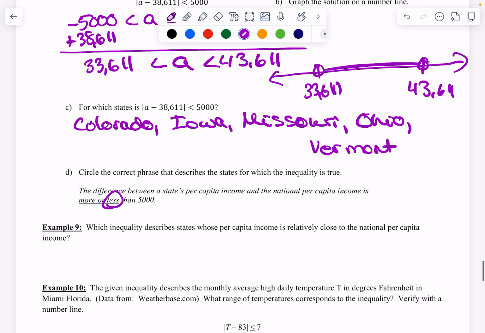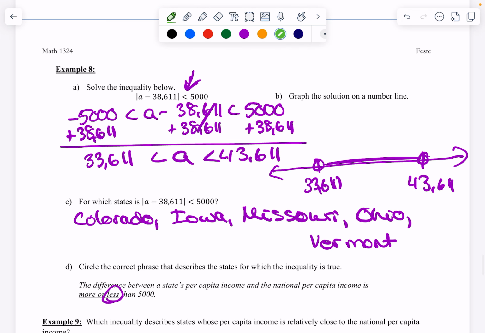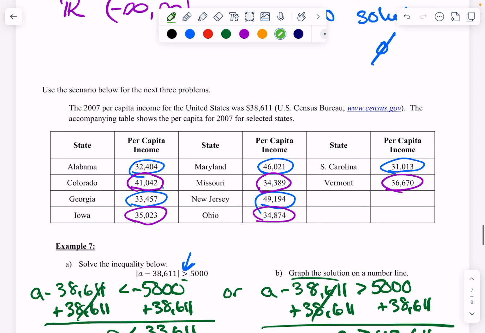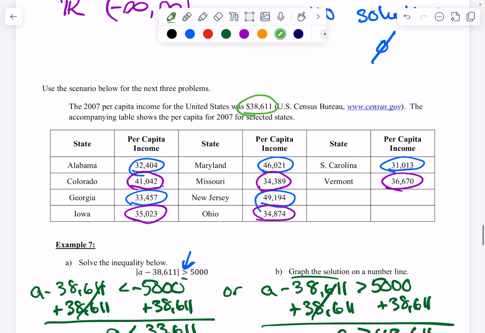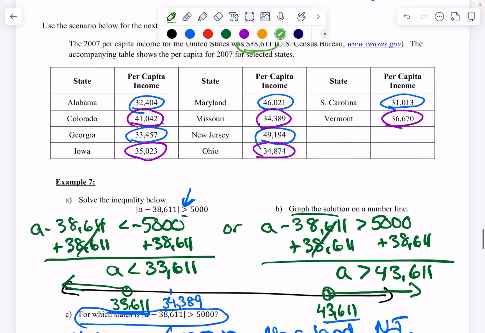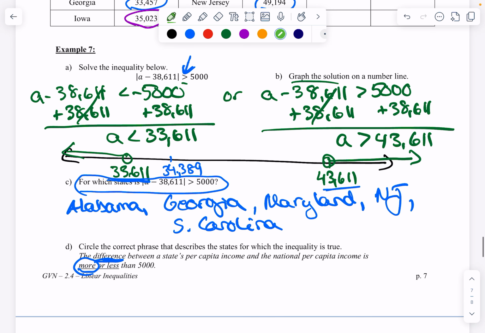Okay, which inequality describes states whose per capita income is relatively close to the national per capita income? So it was 38,611. It is somewhere here.